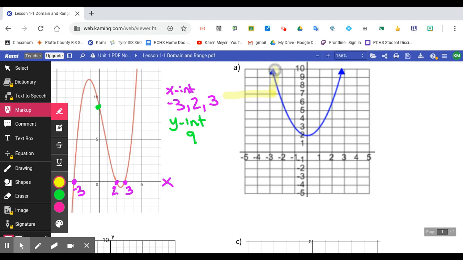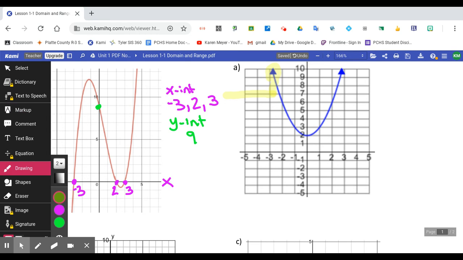And the very first time I'm going to hit my graph on the left side would be up there at the top with the arrows. And the arrows means that it's going to go on forever and ever. So we're on the left side, that's -infinity. You always put parentheses around infinities, whether it's positive or negative.